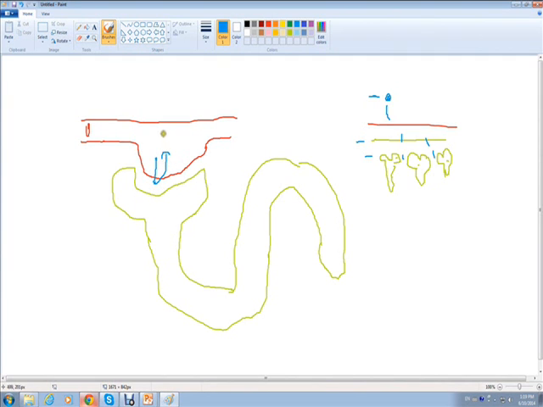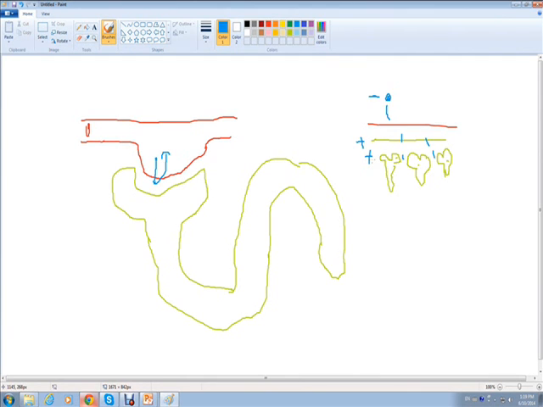It cannot pass because this is negative and this is negative. The problem begins when there is some kind of glomerular injury which disturbs this charge and converts it from negative to positive. Now, of course, whenever the albumin will try to pass, it will succeed.